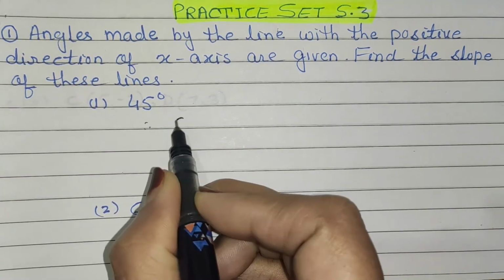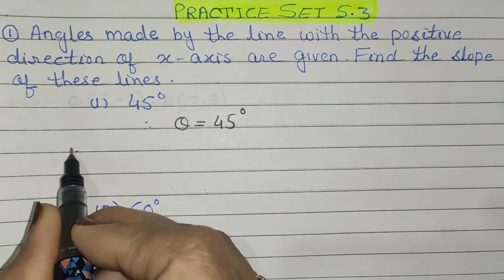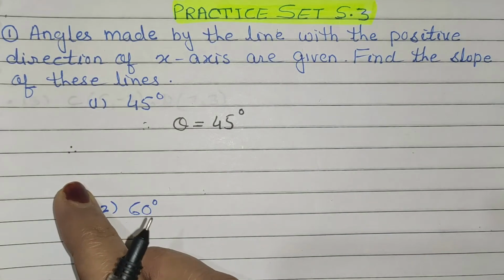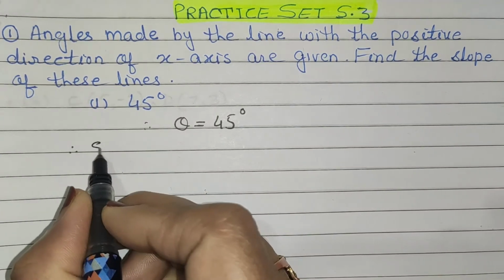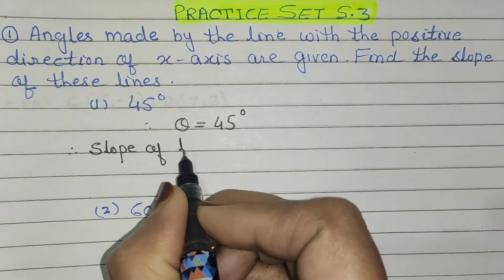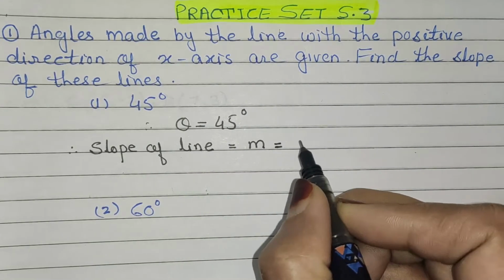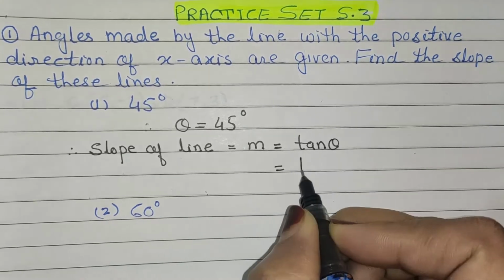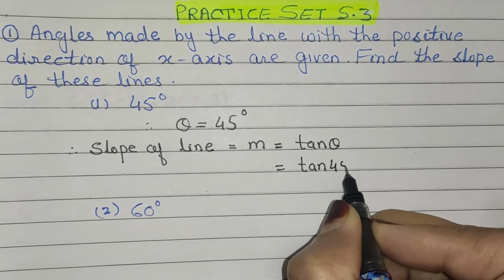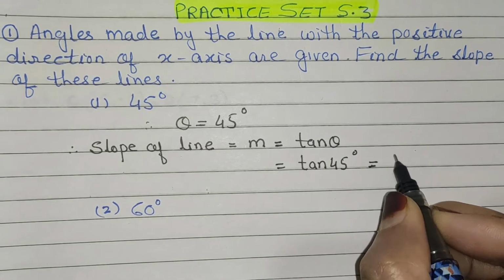Therefore, the value of theta is equal to 45 here. Now we know that slope of line L is M is equal to tan theta, is tan 45, which is equal to 1.